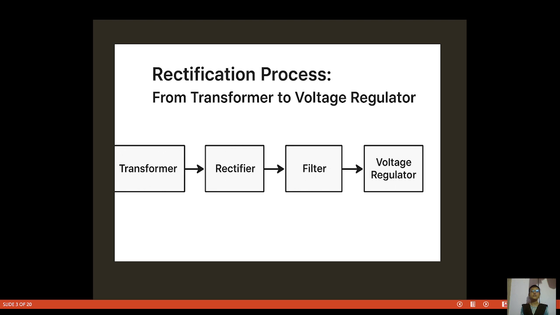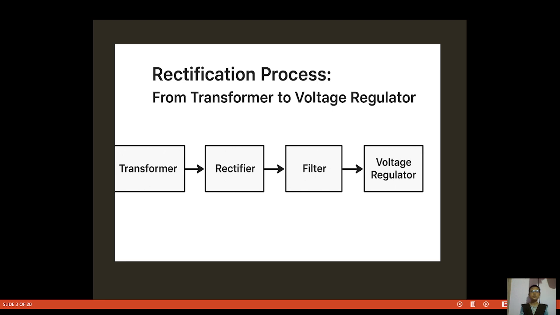The filter smoothens the output and sends it to the voltage regulator. Here the voltage regulator stabilizes the voltage. These are the four key steps in the rectification process.